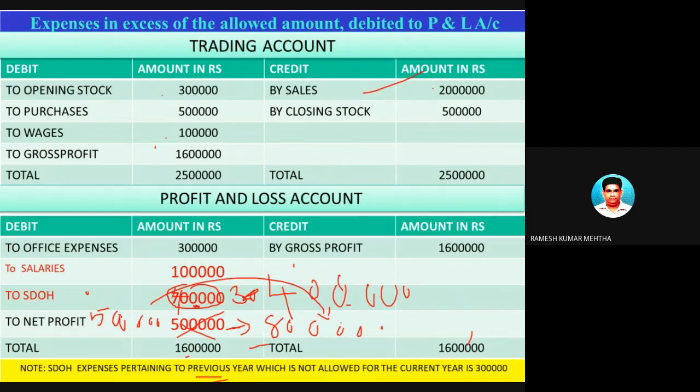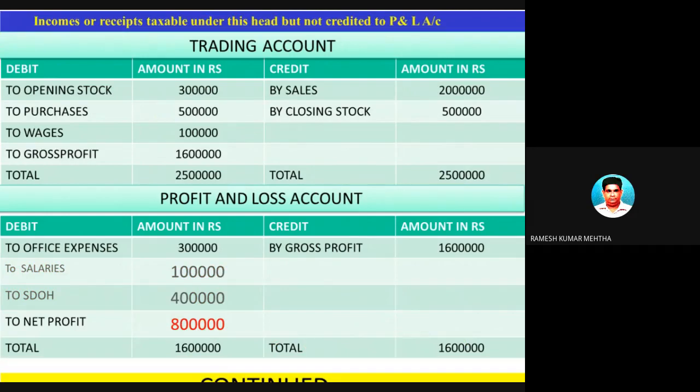Now what is the inference? We have to add 3 lakh rupees, which is the expenditure of the previous year. So this is what I have done. Previously it was shown here as 7 lakh rupees. Now I have rectified it and it is shown as 4 lakh rupees.